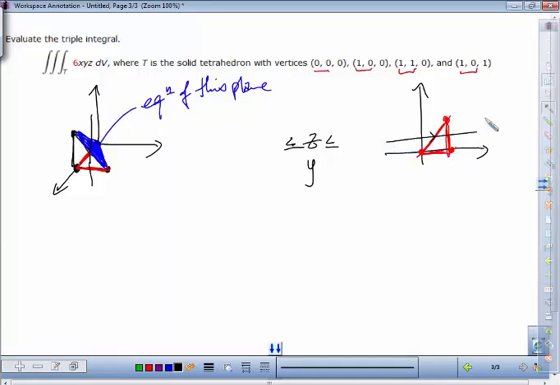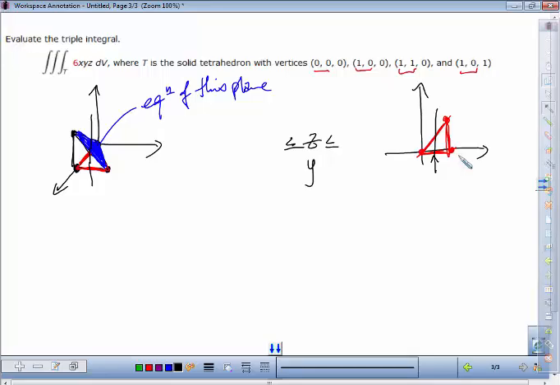Whenever I say I'm going to integrate with respect to a variable first, I draw a line parallel to that axis variable, right? So with respect to x first, I'm going to go in through this line and out of this line, and it looks like neither of them are 0. The advantage for integrating with respect to y first is that I'm going to enter through this region when y is equal to 0. So I'm more interested in having a 0 for my limit than not having a 0 for my limit.